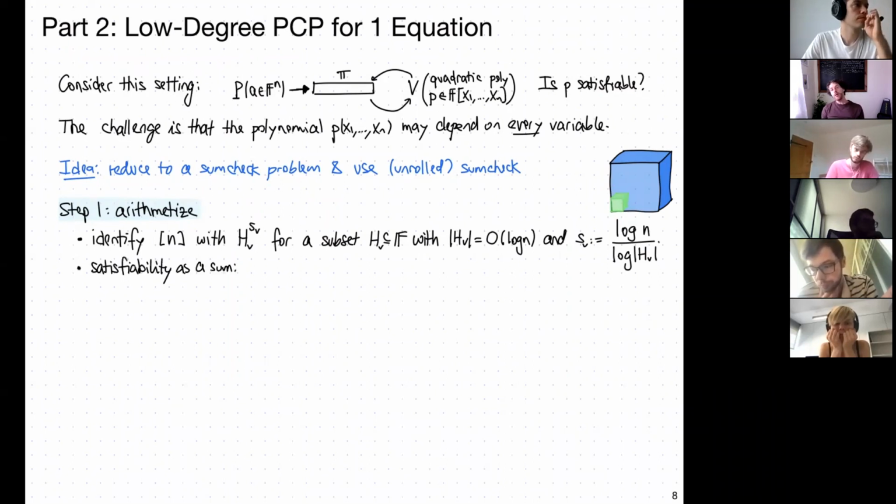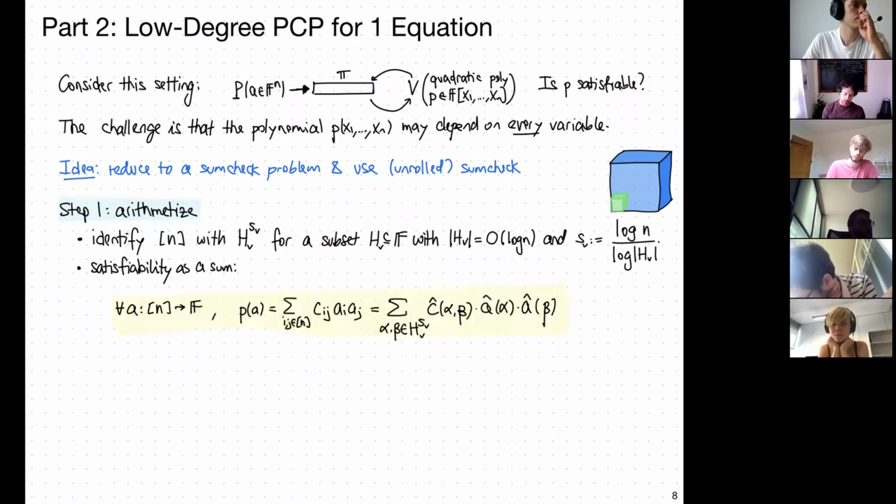So my goal at the moment is to write down a polynomial, some arithmetic equation, that would be satisfiable if and only if there exists such an assignment. So let's see, what can we do? Think about any possible assignment where we give each variable from 1 to n a value in F. What can we say in such a situation?